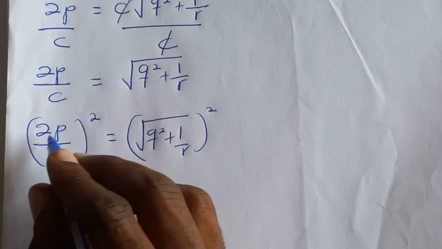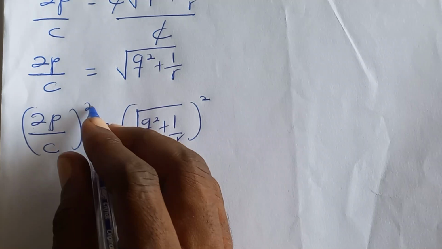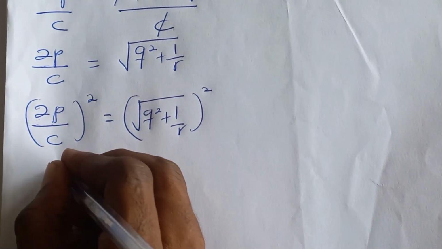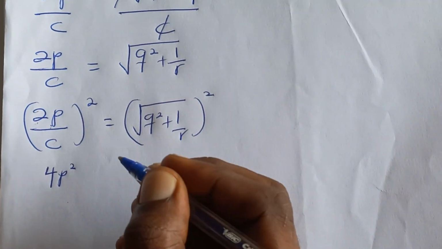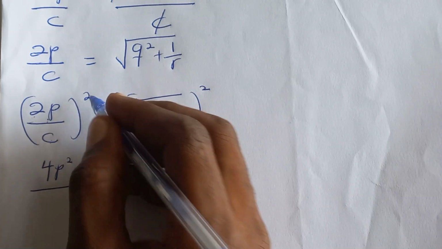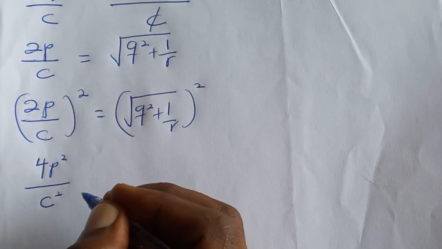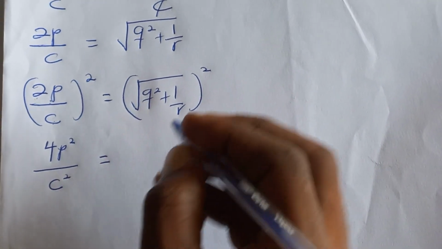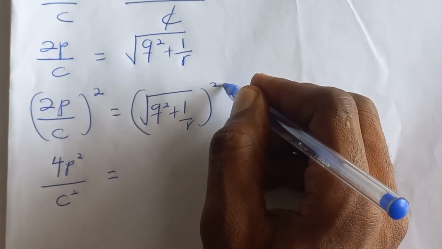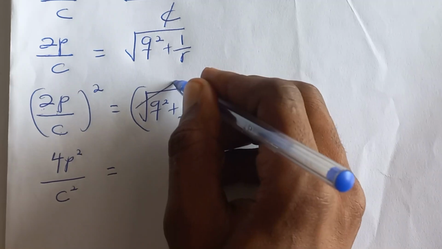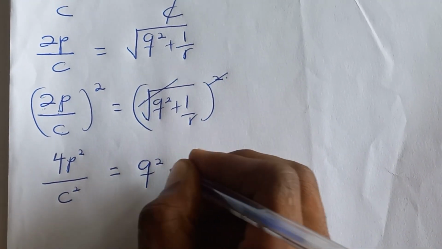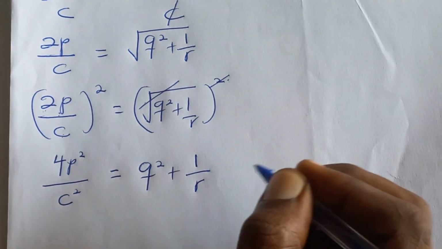And we know that 2p over c all squared will give us 4p squared over c squared, which is equal to, now you can see that the exponent of the whole thing here is squared. So this square root cancels out the square here, leaving q squared plus 1 on r.